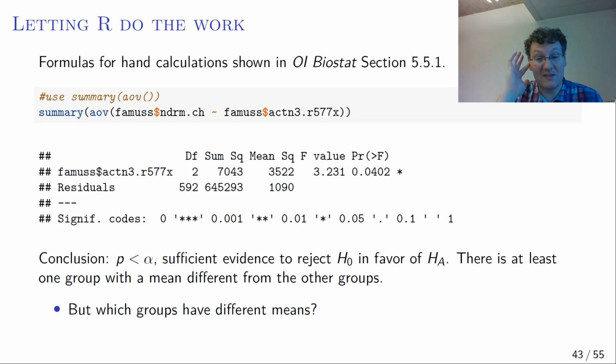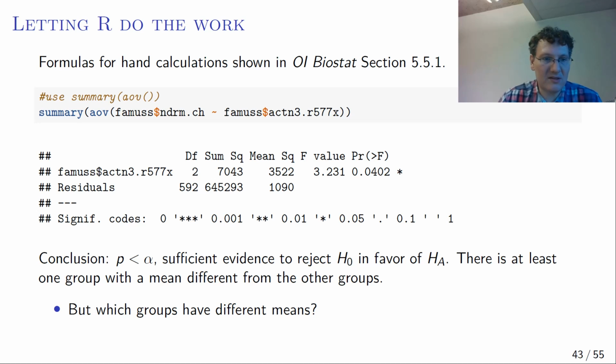There are actually some other functions that will get you ANOVA results. Here's one. You put in your variable that holds the data, and you do a tilde to break it up or group it by some other variable. So here we're looking at the change in arm strength grouped by the genotypes.